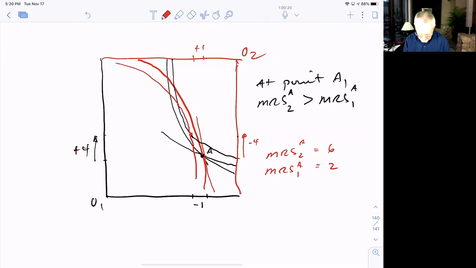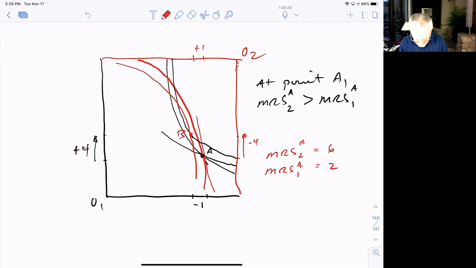And we call this, let's say, point B. So they're both better off through this exchange, and they have moved each to a higher indifference curve.